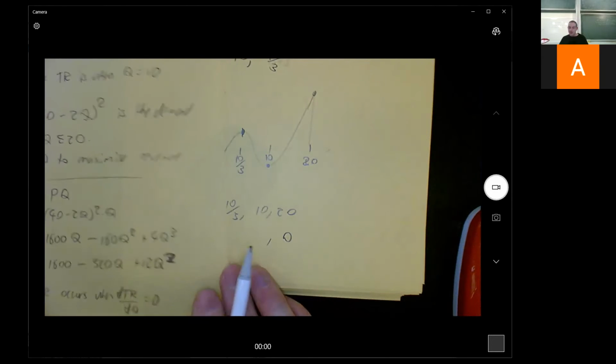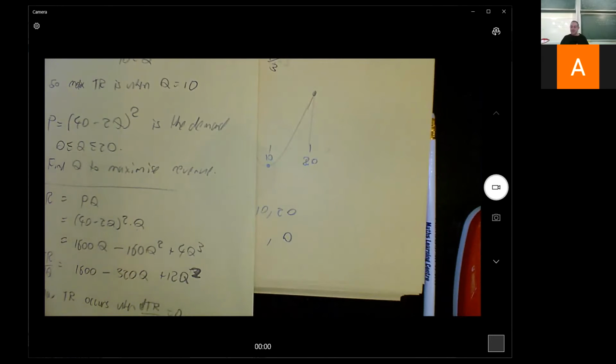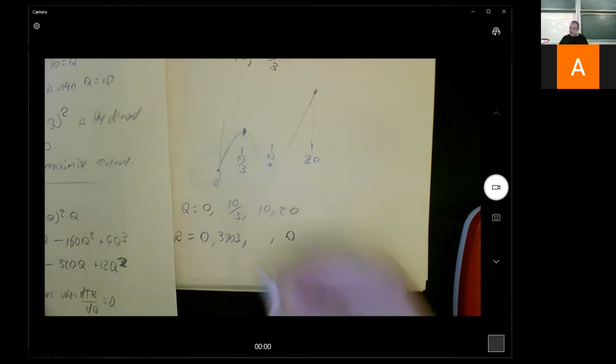When Q is 10/3, I'm going to need a calculator for that one. 40 minus 2 times 10/3 squared times 10/3 is 3703.